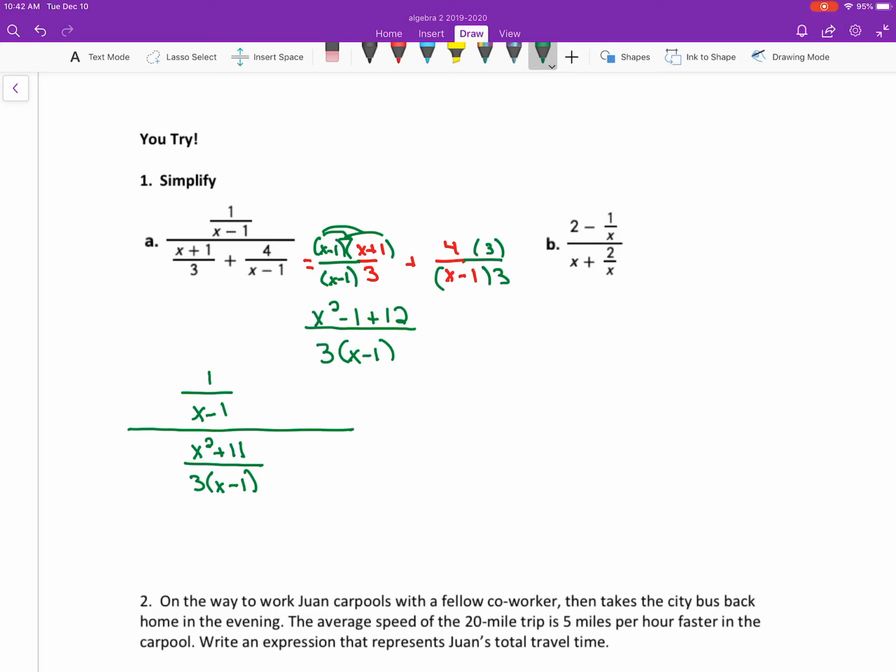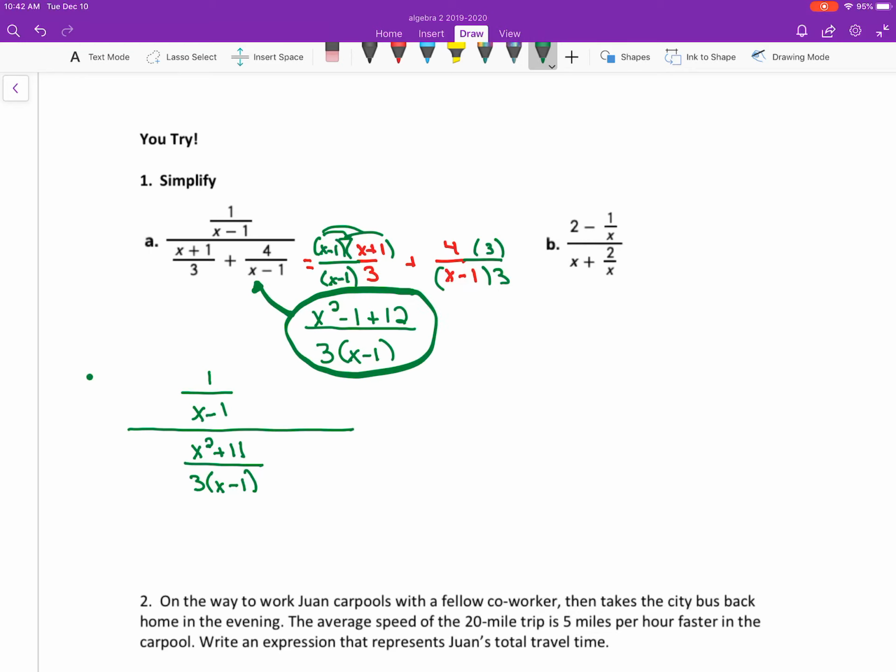Making sure I didn't make any mistakes here. This needed an x minus 1, x minus 1. This needed a 3 and a 3. So FOIL that, I get x squared minus 1 plus 12. Okay, so I've got rewriting this as the denominator now.